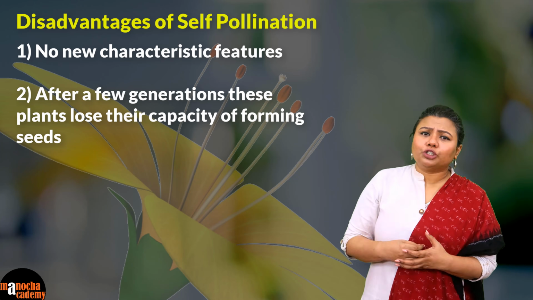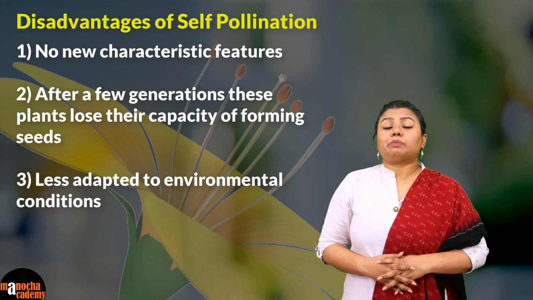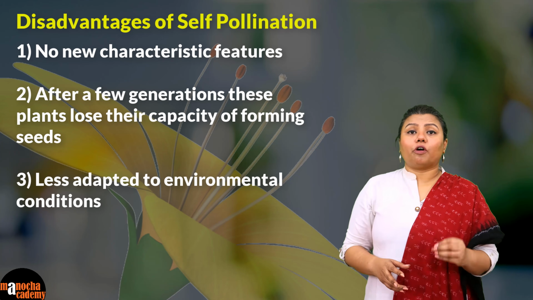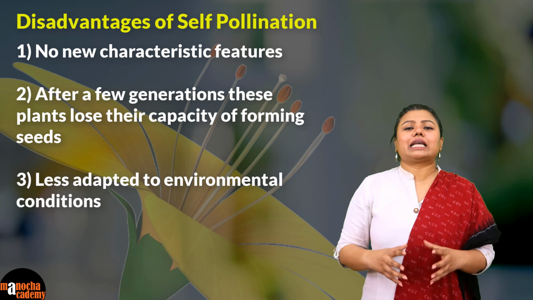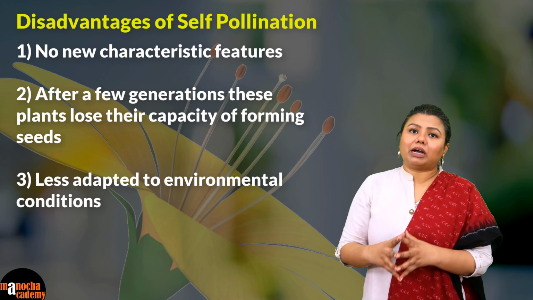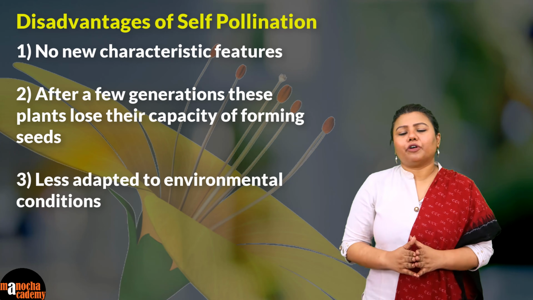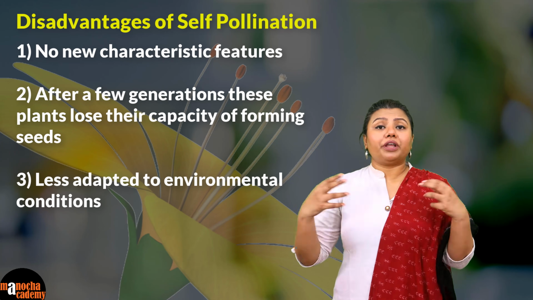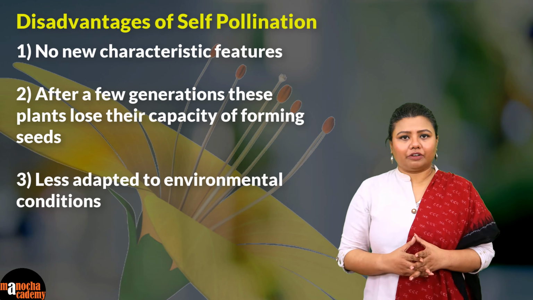These plants are usually less adapted to environmental conditions. They lose their capacity of forming fruits, they get attacked by insects and pests and fall sick much faster. Right? So that is one disadvantage, and therefore you will not be able to get more evolved, more adapted, stronger plants in the next generation.